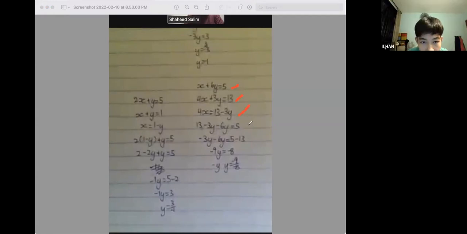I shift. But this one is 4x, you know. You must make it x. So to make it x, you must divide the whole thing by 4, very complex. So why don't you bring this over to this side? When you bring over that side, you get x equals to 5 minus 6y.